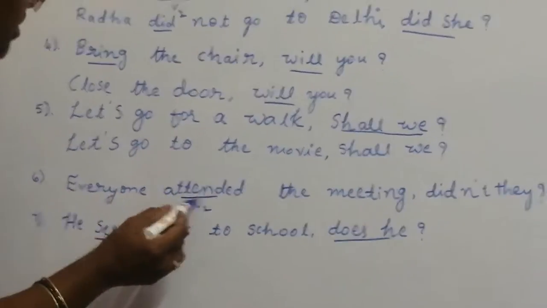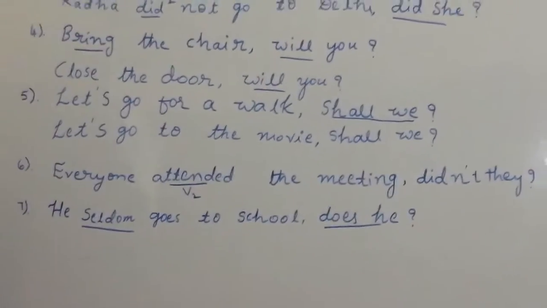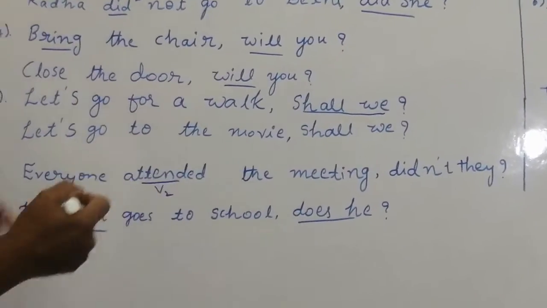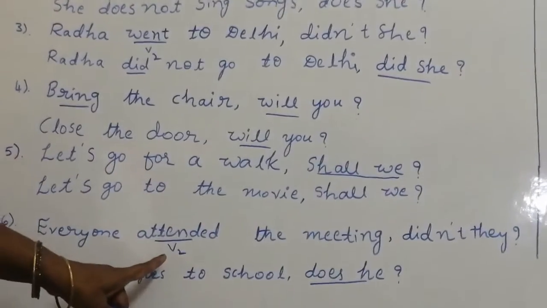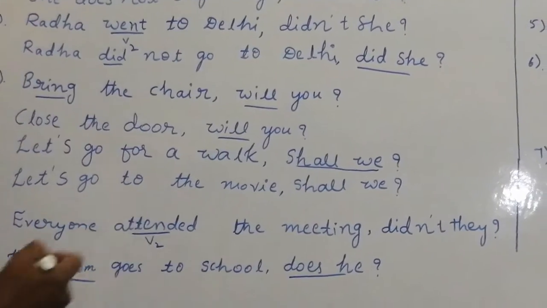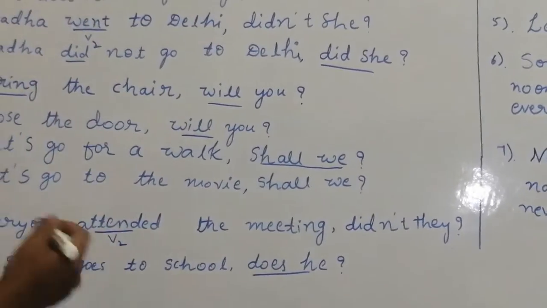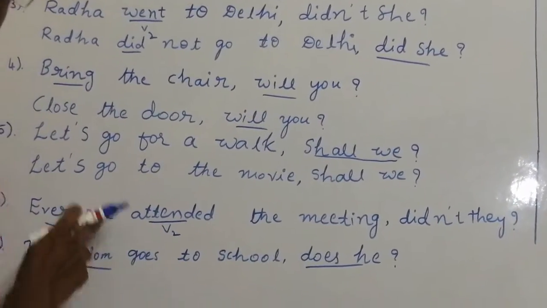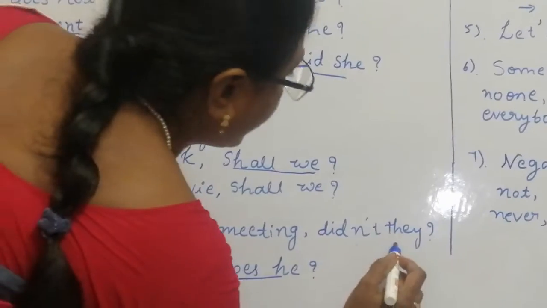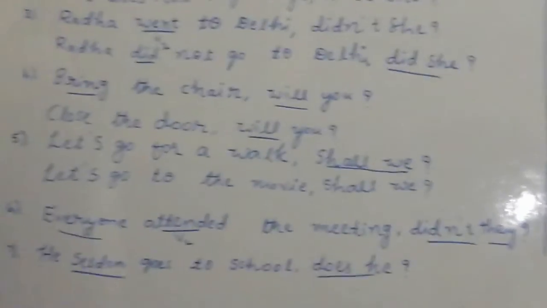Attended is v2. According to the rule, when v2 is there, we use did. It is a past statement, that's why we should write didn't. Instead of everyone, we should write they. Didn't they? Like that.